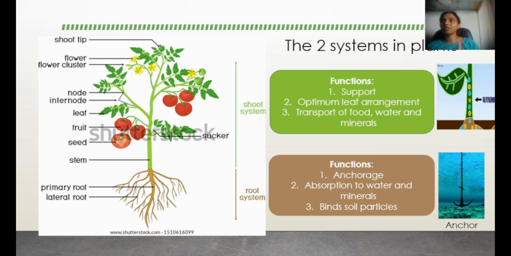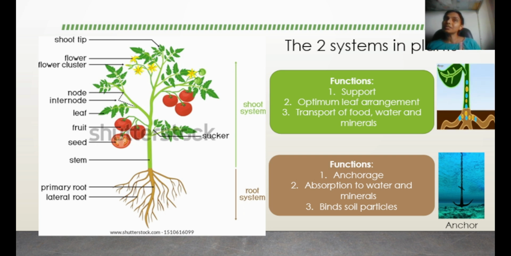He puts down the anchor. Why does he do this? If he doesn't, when he wakes up in the morning, the ship would be in some other part of the ocean where he has no idea about. So the ship would be lost in the ocean because the strong waves of the sea would carry the ship, isn't it? So similarly, the plants also need to be anchored or held in place in the soil, and this is done by the root system.